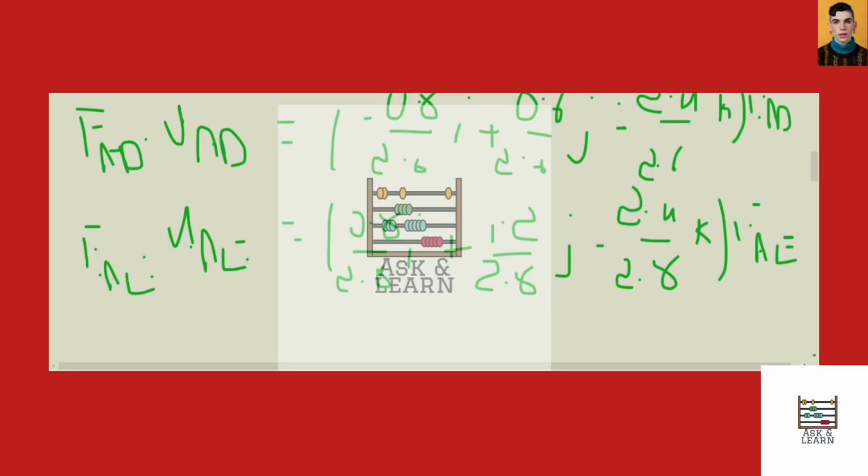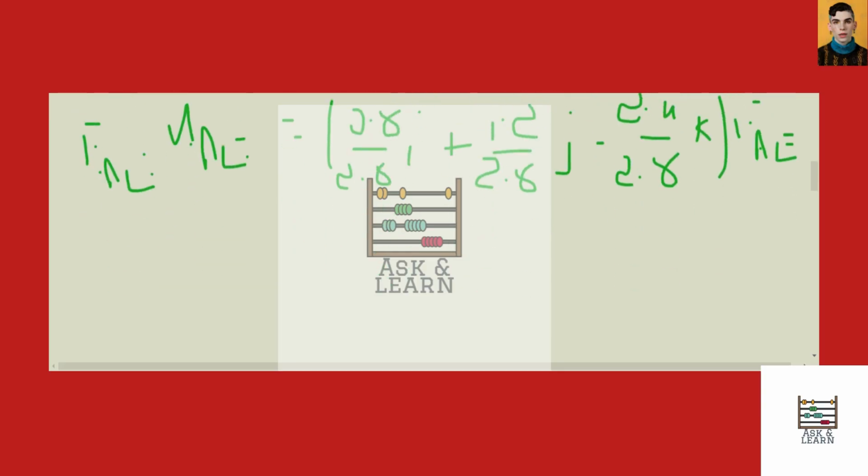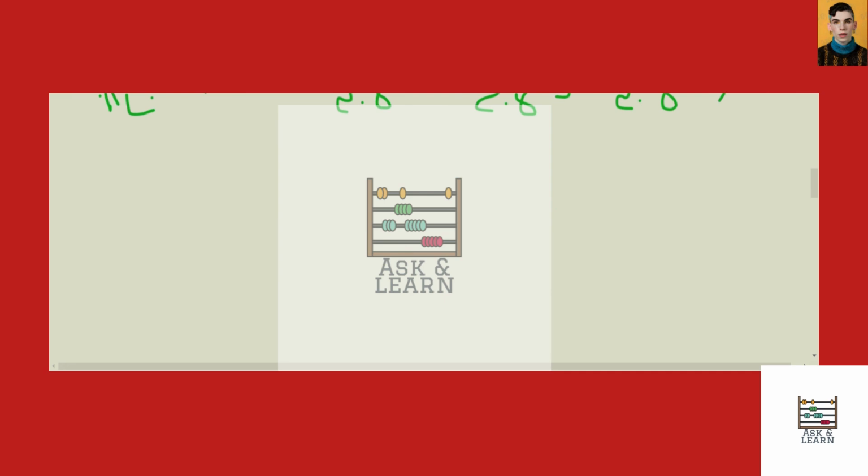Now we can move on to the moment equilibrium equation around C, which gives sigma MC is equal to sigma R cross F is equal to 0. Now we have R as well as F. The R components are RCC, RDC, REC, and RCB.